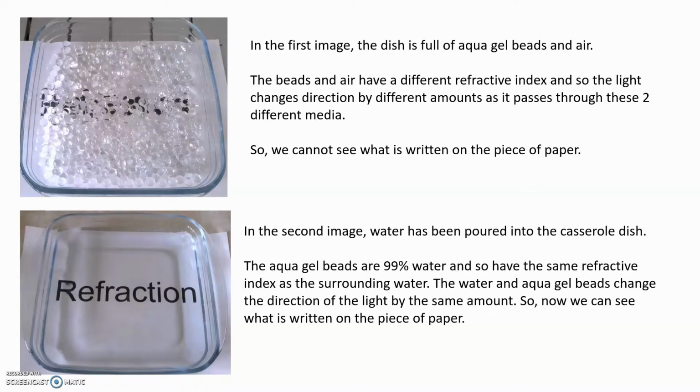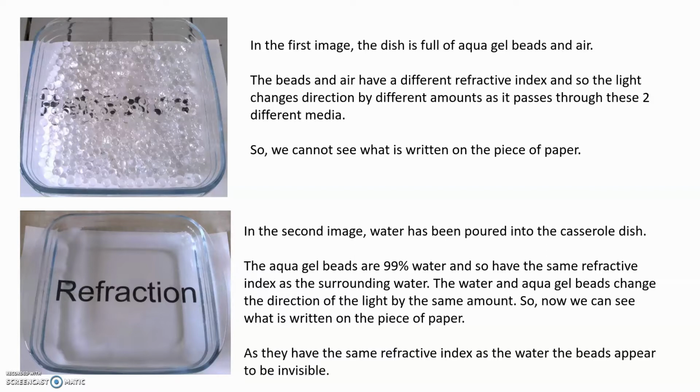Well, basically the aqua gel beads are 99% water, and so they have the same refractive index as the surrounding water, and the water in the aqua gel beads change the direction of the light by the same amount, and so now we can see what is written on the piece of paper. And because the aqua gel beads have the same refractive index as the water, they appear invisible. So there's the full explanation as to what you saw earlier on in the video.